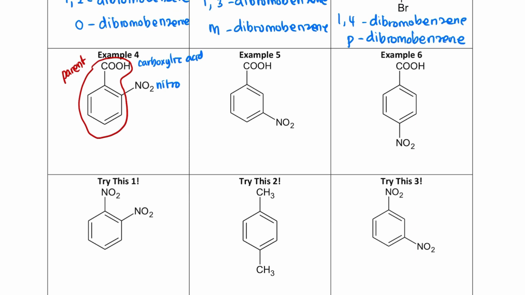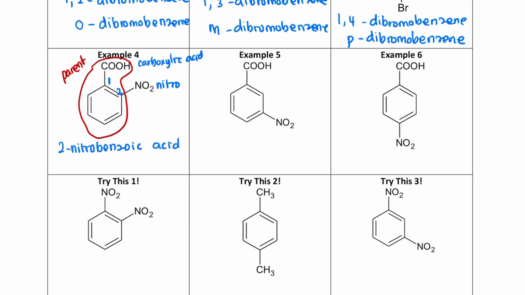Alright, so parent dah tahu, then kita tahu NO2 is called as nitro. So kita kena letak number lah. Okay, automatically since parent dia dekat sini, carbon number 1 automatically dekat sini lah. So here is carbon 1, ini carbon 2. Okay, so nama dia akan jadi 2-nitro benzoic acid.